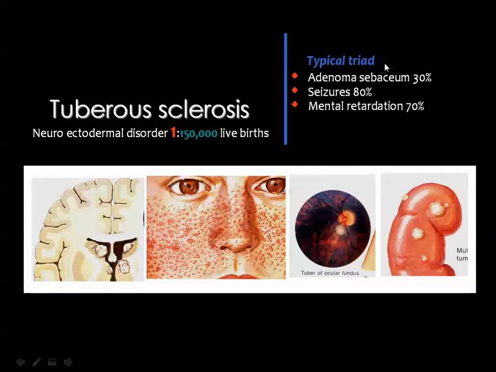By adenoma sebaceum, we mean that there are multiple cutaneous tumors located in the skin, and they also occur all over the body, everywhere, like in the retina and in the kidney and many organs. And this adenoma represents some of the tumors of tuberous sclerosis, which are mainly formed of normal tissue in abnormal location, so they are known as hamartomas.